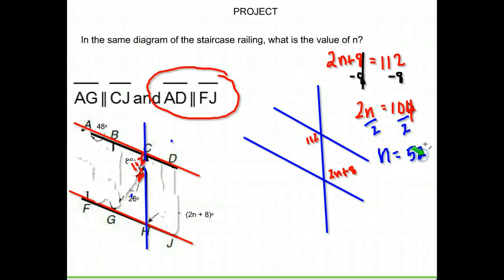And I get that n in this case would be 52. Okay, so I took the important information, I brought it over here so it was less messy, easier to take a look at. I knew that I had interior angles, they're both between the parallel lines, and they were alternate on opposite sides, so they were equal. I used that to set up an equation, and then I solved.